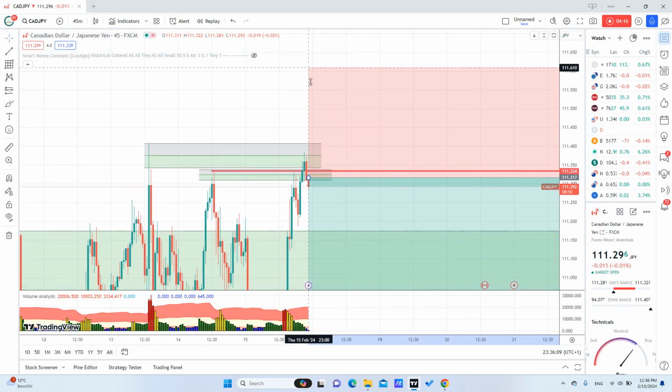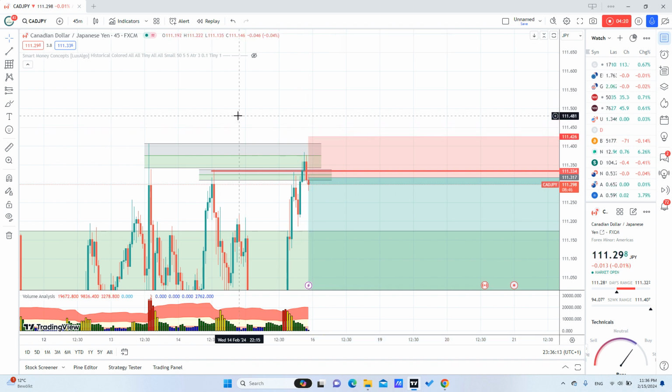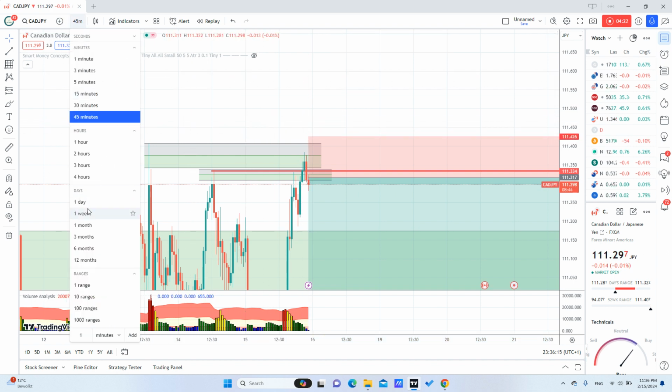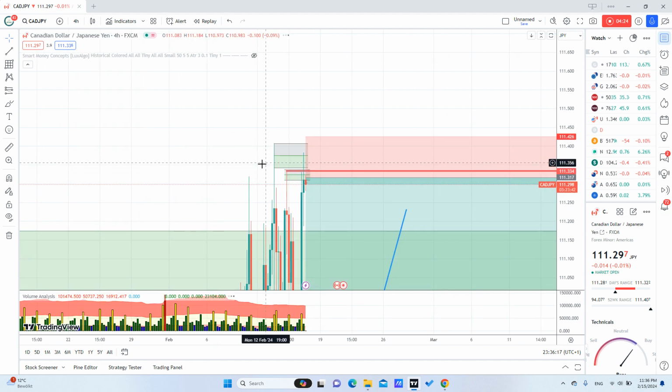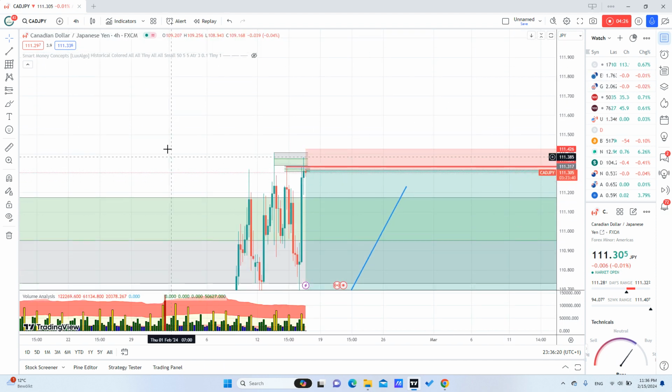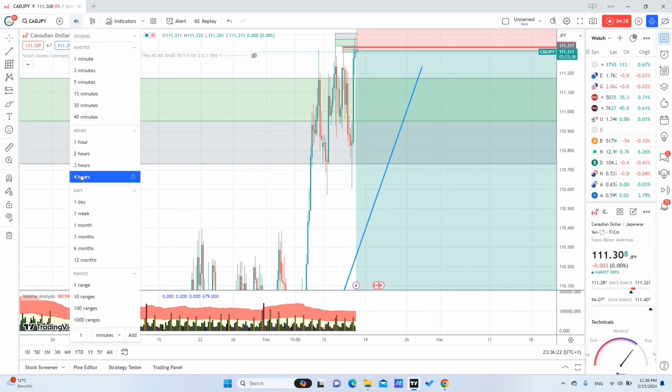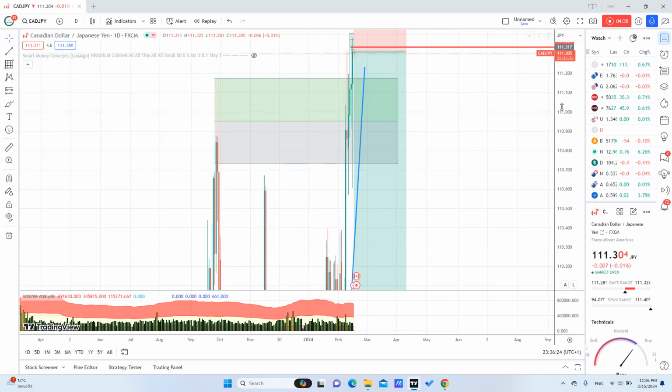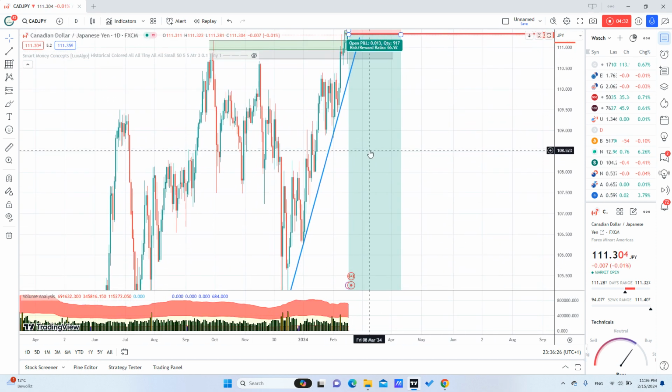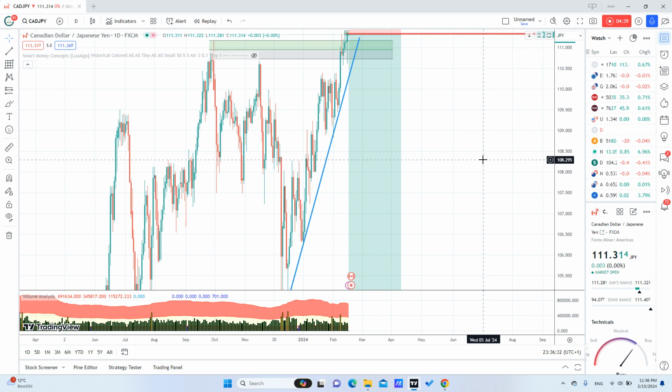If you take your stop loss actually above this order block here, you will improve it to, wow, 66 risk to reward ratio.